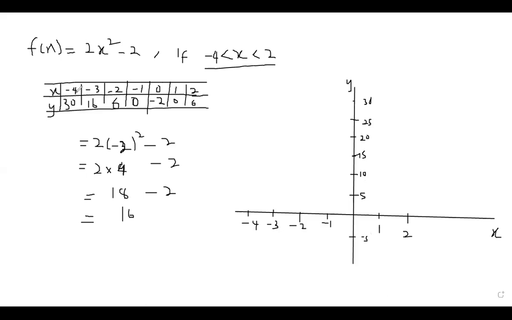The first point will be X is -4 and 30. So with eye judgment, we can say we have the point here. Then the next one is -3 and 16. We have this point. Then -2 and 6.